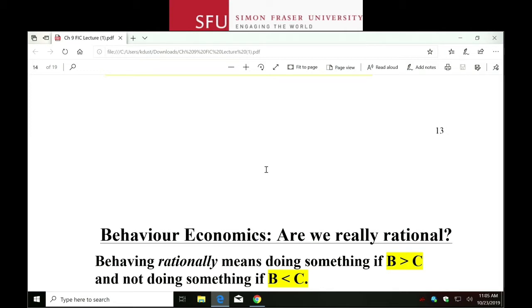But it can be really complicated because what we consider to be costs and benefits can be complicated, right? There's monetary costs and benefits, and then there's other types of costs and benefits in terms of feelings or other types of satisfaction that we get from hanging out with our friends or whatever that doesn't involve any money. So there's other types of costs and benefits that factor into our decisions.